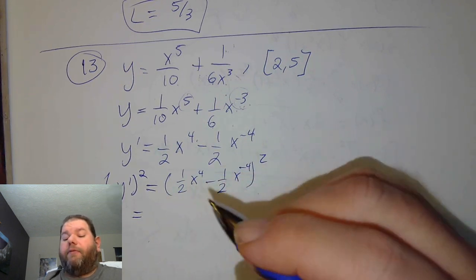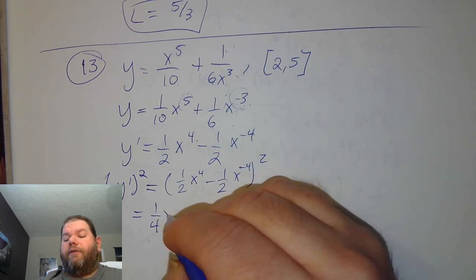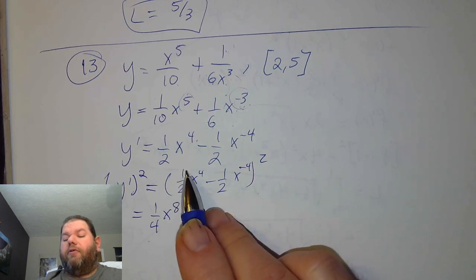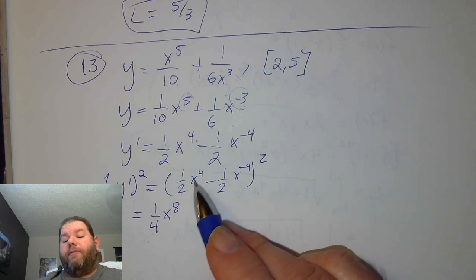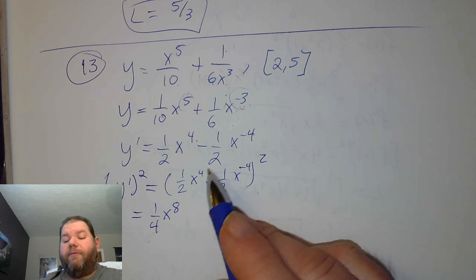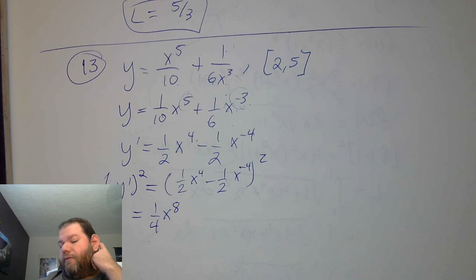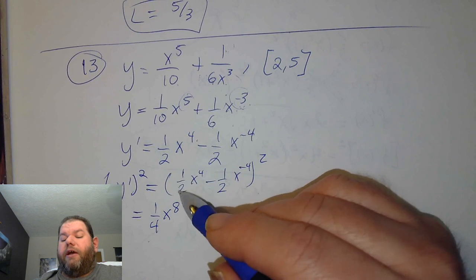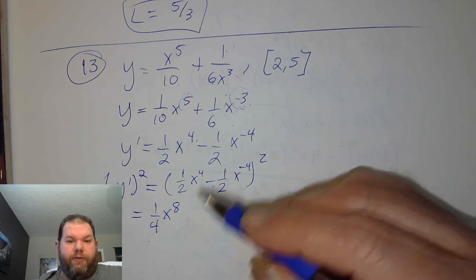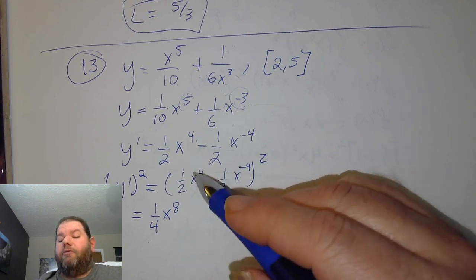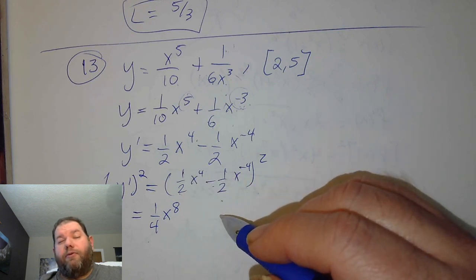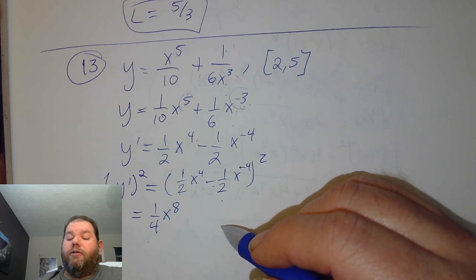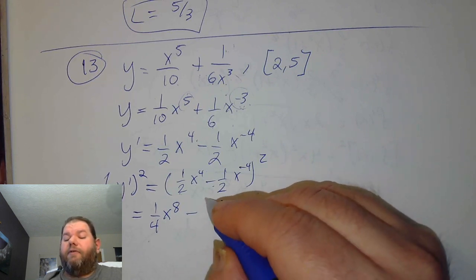Squaring that expression gives us 1/4 x to the 8th. So 1/2 times 1/2 is 1/4. x to the 4th times x to the 4th is x to the 8th. We add the exponents in that scenario. Then we take 1/2 times negative 1/2 times 2 to get the middle term. 1/2 times negative 1/2 is negative 1/4, times 2 is negative 1/2.